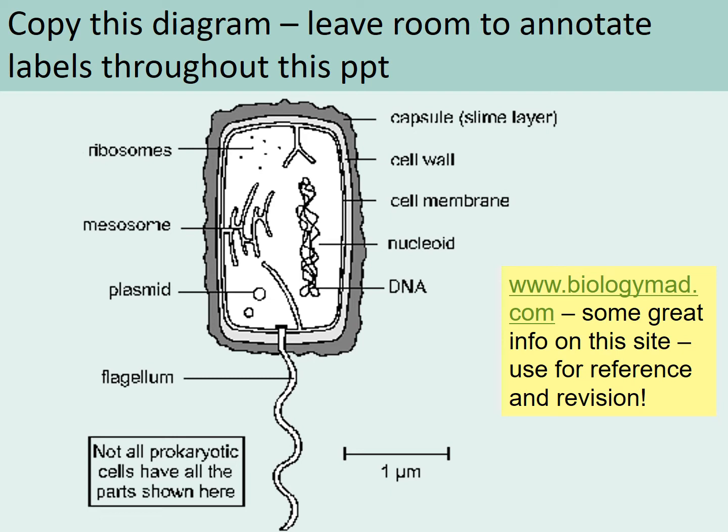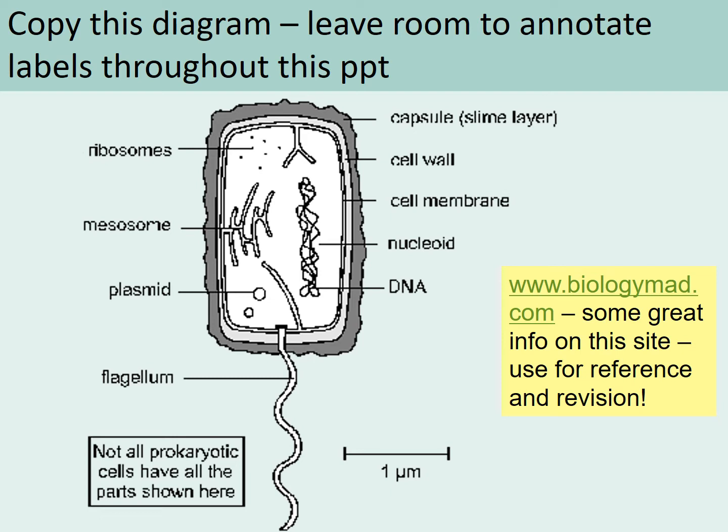But the important structures that we need to have labelled are ribosomes, the capsule or the slime layer, the cell wall, the cell membrane, DNA, and those little circles which are called plasmids, and a flagellum.